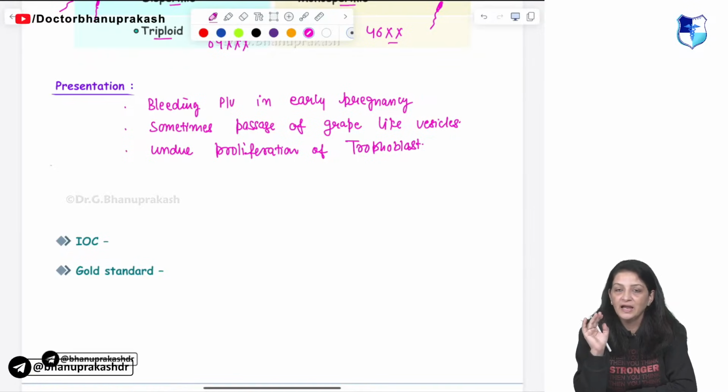Then on day 8 after fertilization, trophoblast is divided into cytotrophoblast and syncytiotrophoblast.